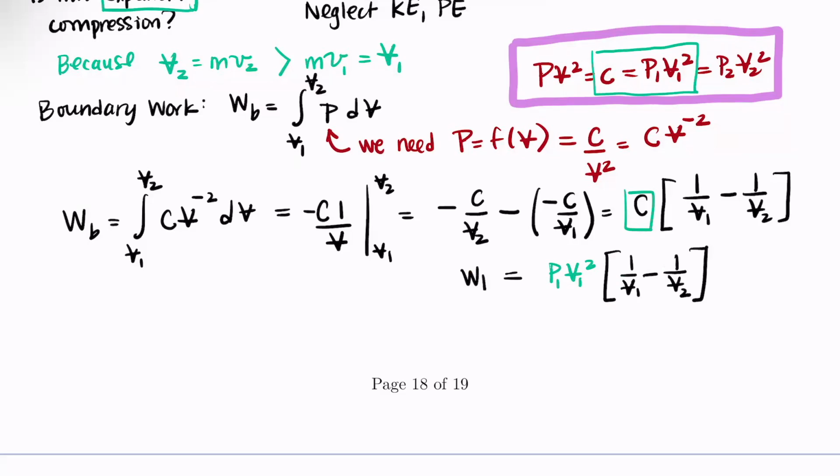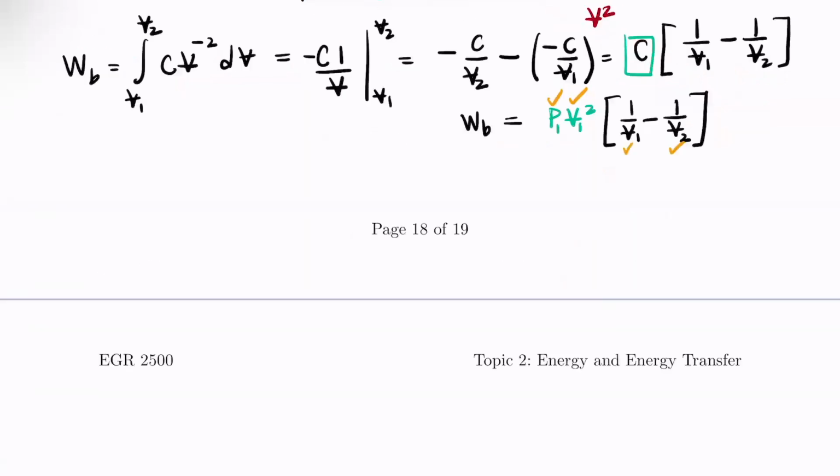So now we can use this to find the boundary work, right? So we have P1, we have V1, and then we also have V2. We have V1 and V2 in kind of a roundabout way because we have the specific volumes. So we have to sort that out.